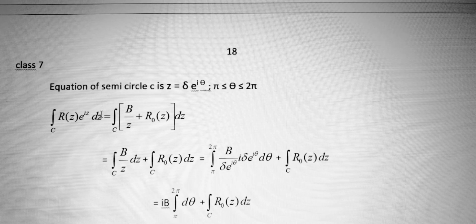Now, equation of the semicircle C is z equal to delta e raised to I theta, where pi less than or equal to theta less than or equal to 2 pi.